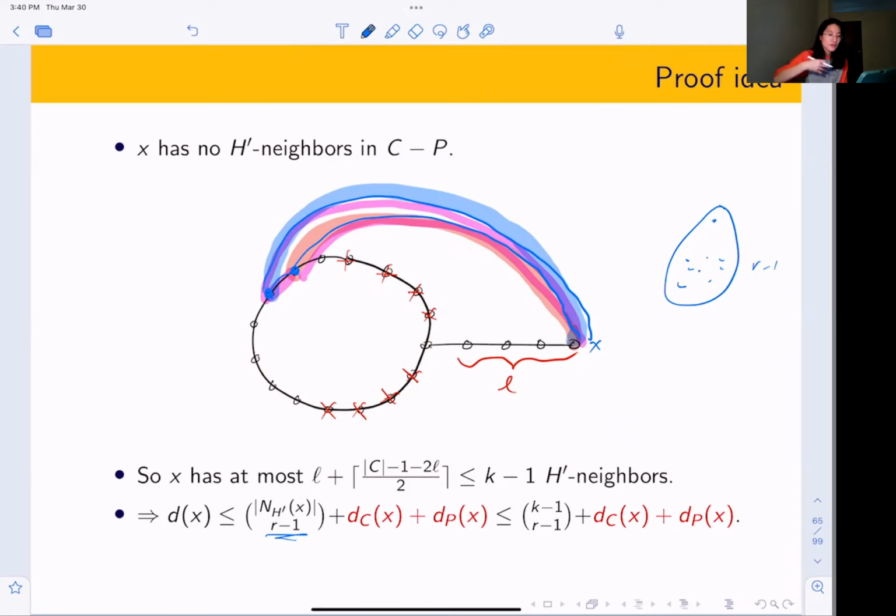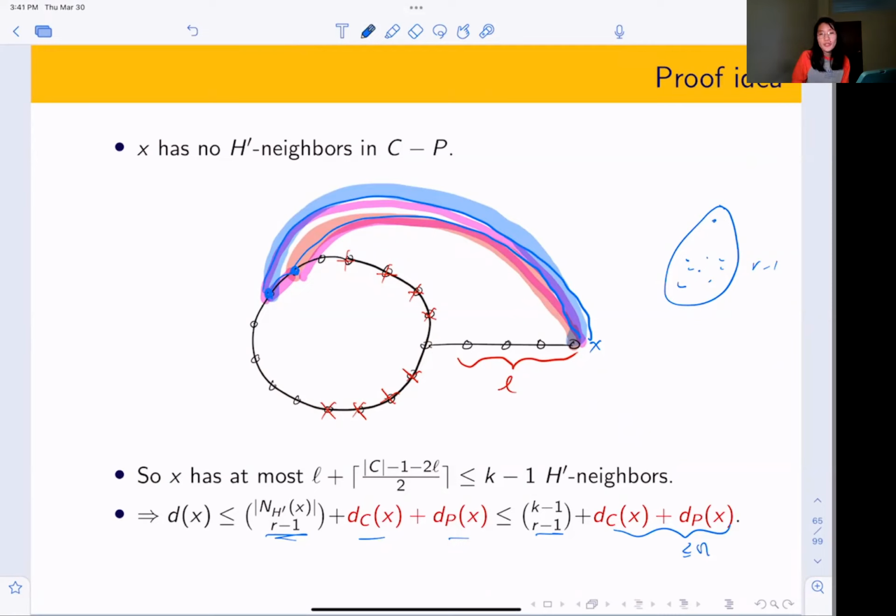So that's the number of edges outside containing X. We also need to count the number of edges inside the Berge cycle and path that contain X as well. So here we have this quantity here. This term is going to be at most linear.